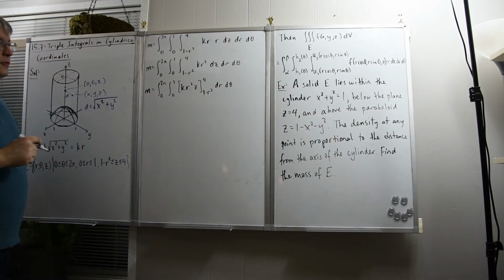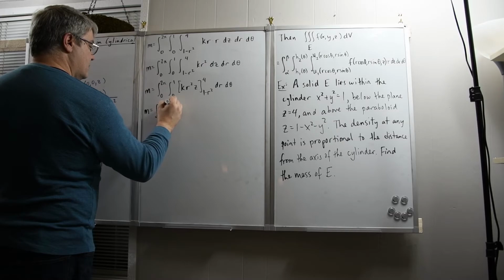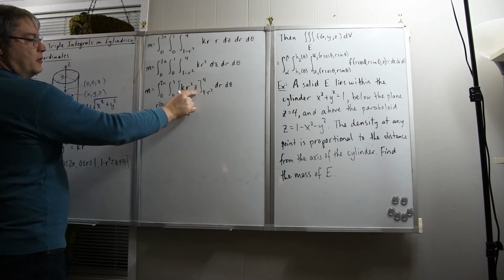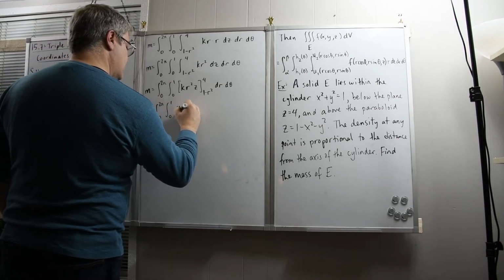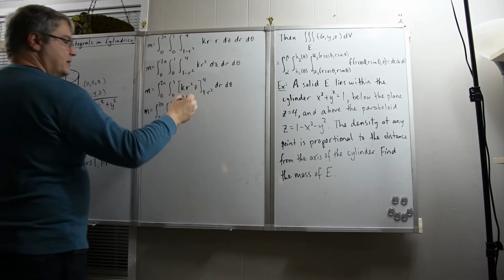And we'll have to plug in 4 for z and then subtract what we get when we plug in 1 minus r squared for z. So when you plug in 4 for z, you'll get 4kr squared. Subtract what you get when you plug in 1 minus r squared for z.